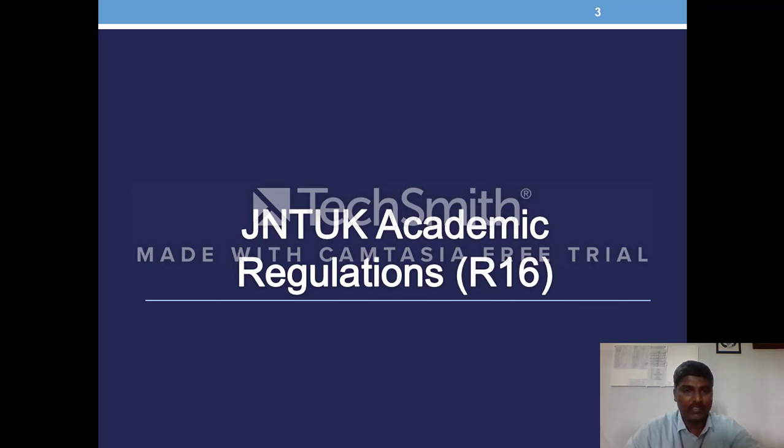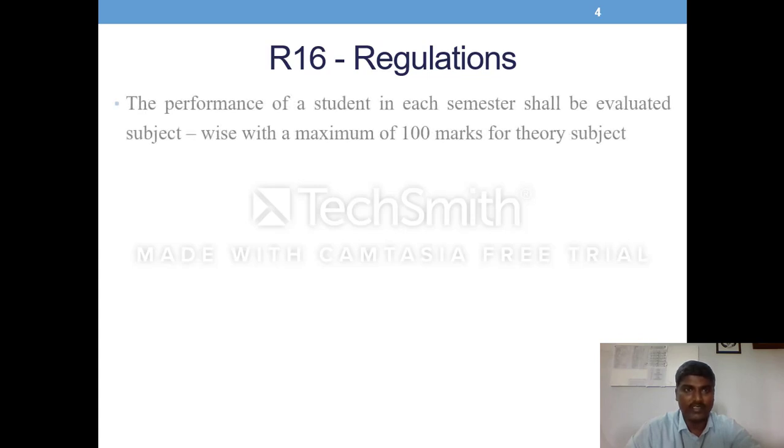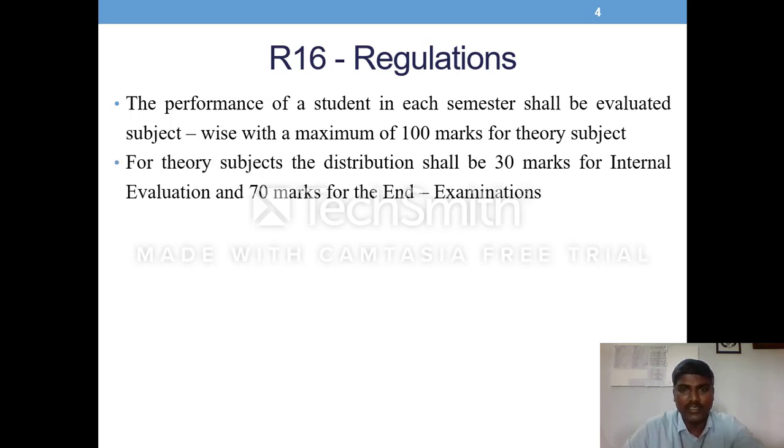First, let us see the JNTUK academic regulations under R16, because you are in R16 regulations. So for the theory subjects, the maximum evaluation is for 100 marks. The distribution of 100 marks will be 30 marks for internal evaluation and 70 marks for end examinations.